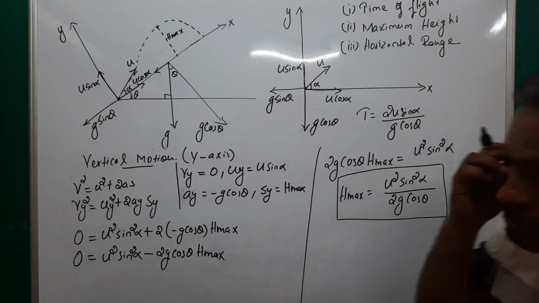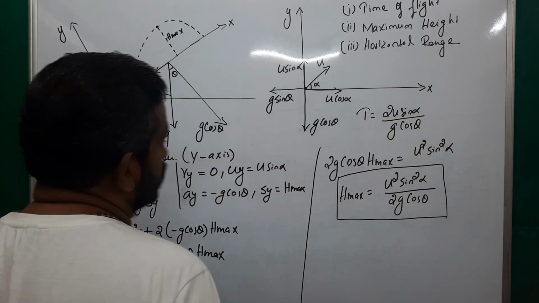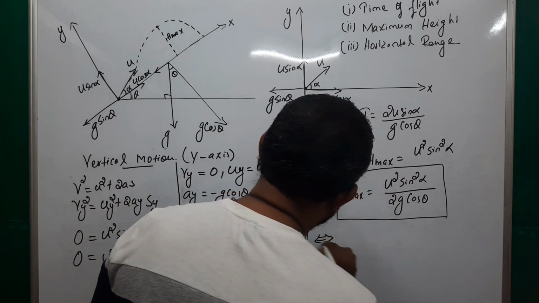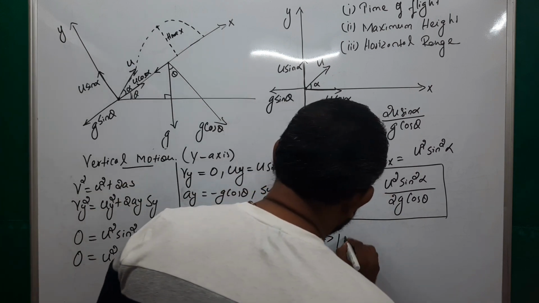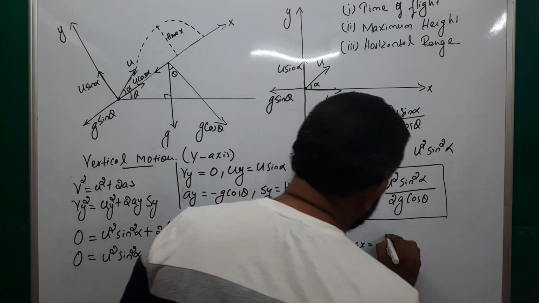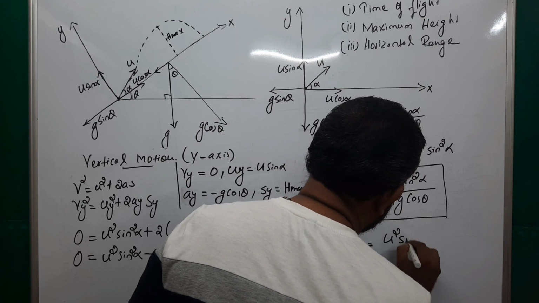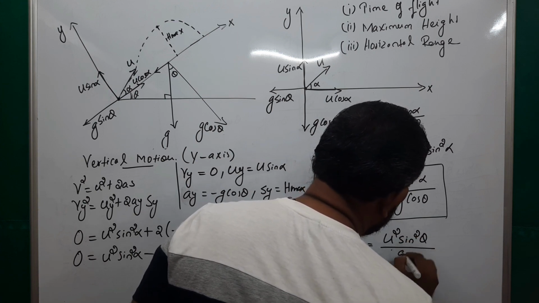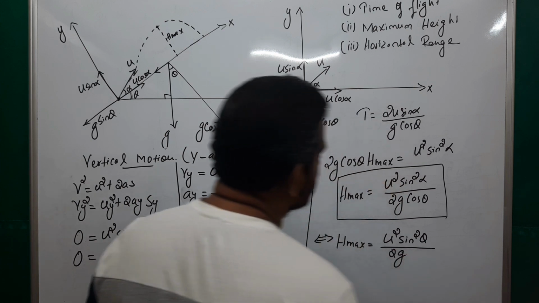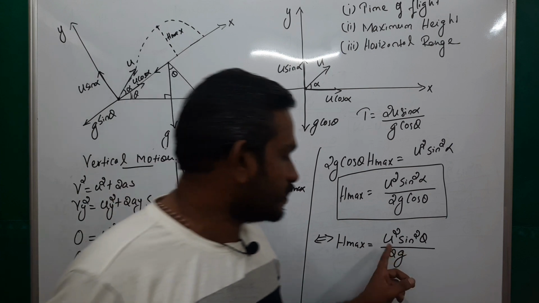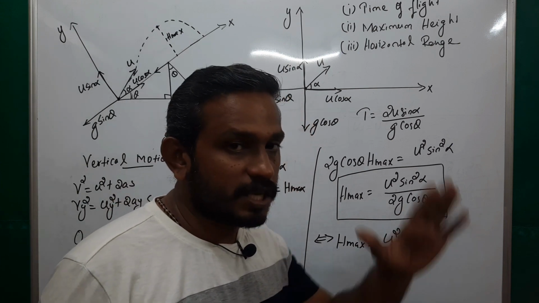Compare this equation with the maximum height of the horizontal projection. h max is equal to u squared sin squared theta divided by 2g. There, u sin theta is the initial vertical velocity.